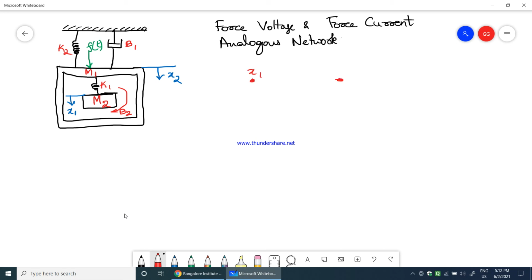Now we do have mass m1 connected to x2 and mass m2 connected to x1. So this is m2 and mass m1 is connected to x2, and this bottom part is what? The ground.